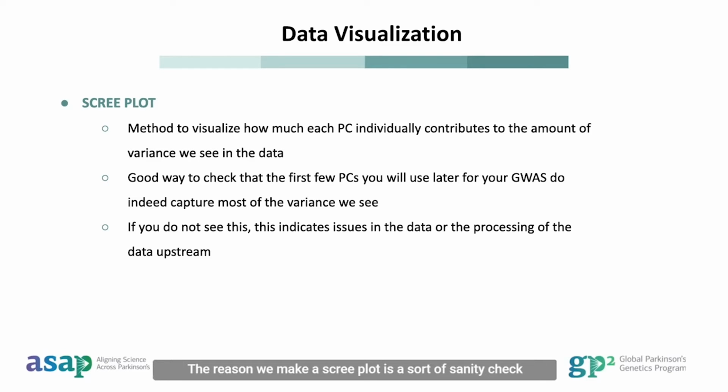The reason we make a scree plot is a sort of sanity check to see if the first few PCs really do capture most of the variance and begins to plateau after. If this is not what you see, this usually means there's some sort of big systemic issue in the data, or its pre-processing, or perhaps you just don't have enough data.